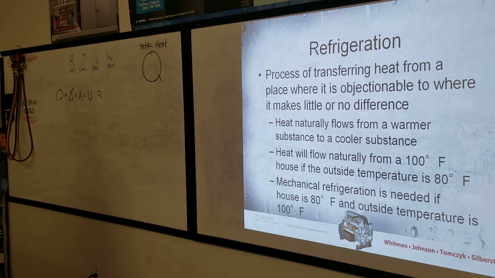Refrigeration is the process of transferring heat from a place where it is objectionable to where it makes little or no difference. Heat naturally flows from a warmer substance to a cooler substance. Heat will flow naturally from a 100-degree Fahrenheit house if the outside temperature is 80 degrees. Mechanical refrigeration is needed if the house is 80 degrees Fahrenheit and the outside temperature is 100 degrees Fahrenheit.